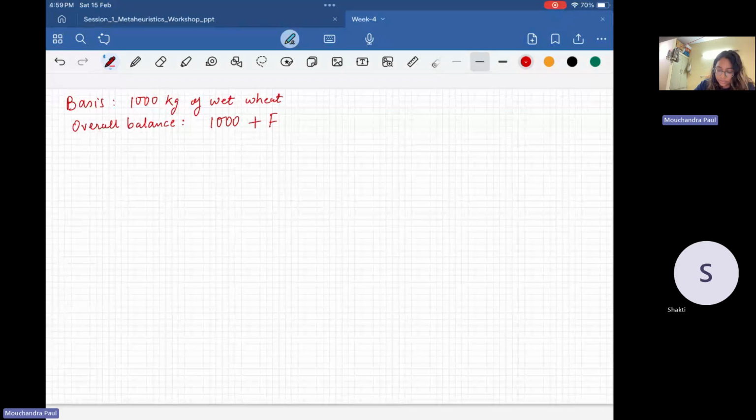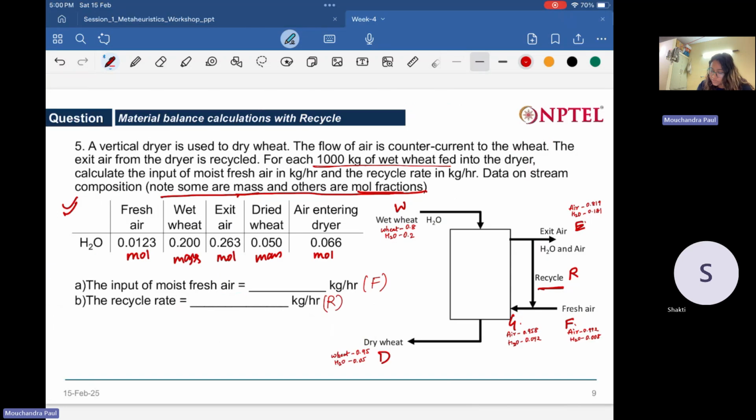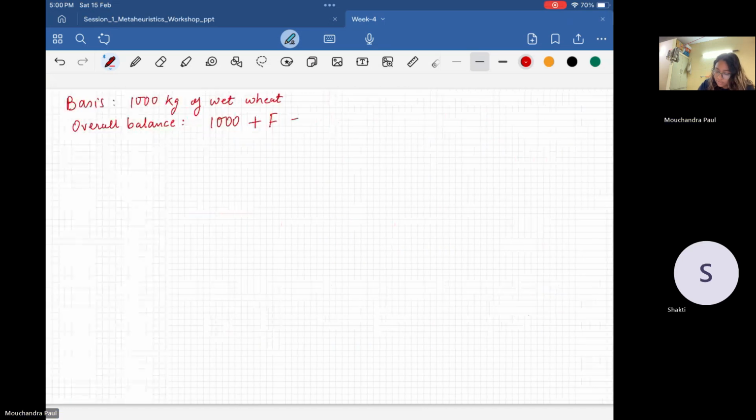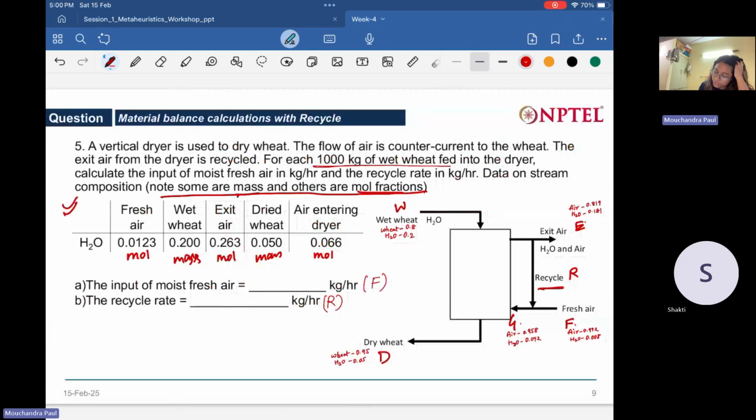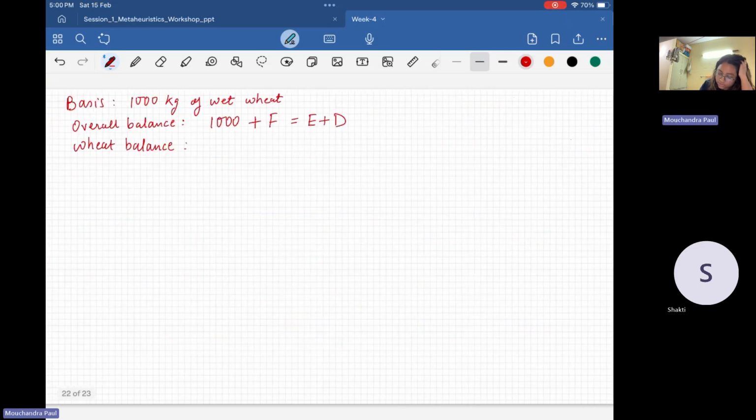Okay. So the wet wheat is entering and fresh air is entering. If you see the arrows, what is going out? Exit air and dry wheat. E and D are going out. If you do a balance for the wheat, you see 0.8 into 1000. In fresh air there is no wheat.